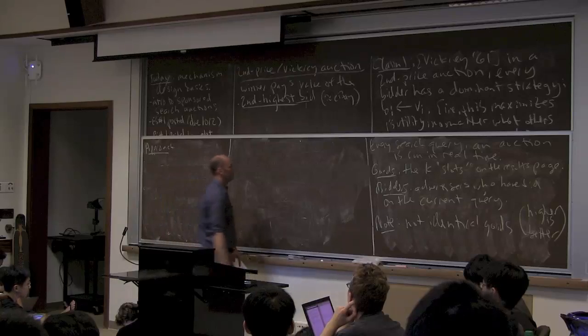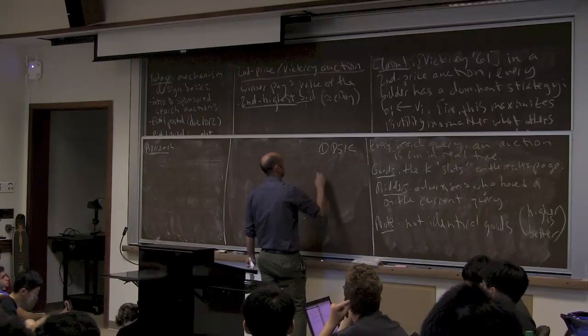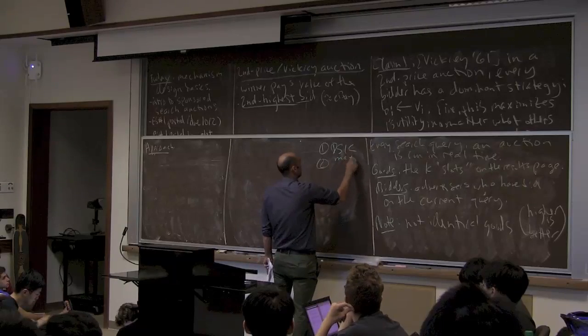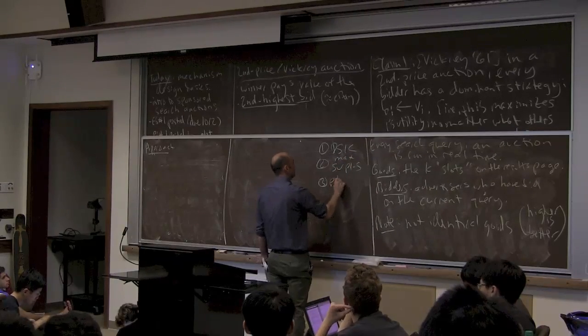So let me just, for reference, remind you what the three properties we want are: dominant strategy incentive compatible, max social surplus, and poly time.